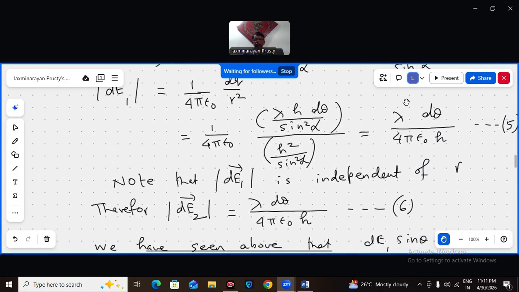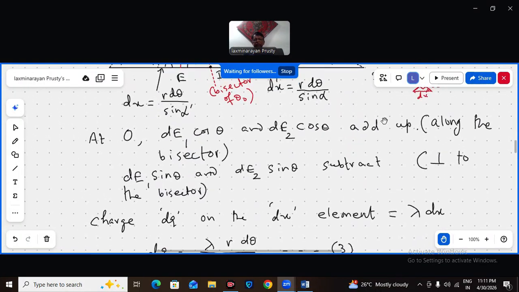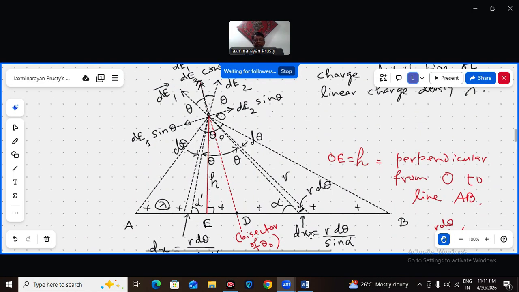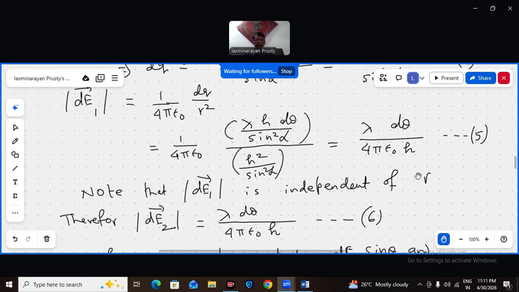Yes or no? So dE1 is independent of r. Then proceeding similarly, dE2 will also be independent of r, and also independent of alpha dash, because alpha also is not there in the result of dE1.